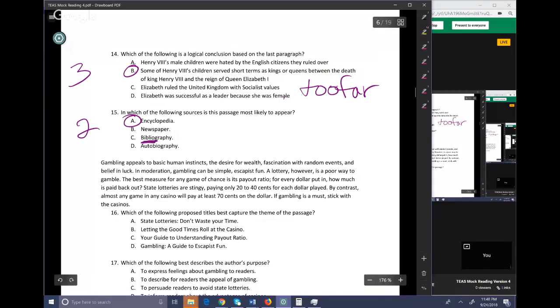Watch out for bibliography. A biography and a bibliography look the same at a glance, and they're nothing alike. An autobiography has to be written by themselves. I would have to write an autobiography as a story about me and my life, and this is not in first person, so he did not write this.